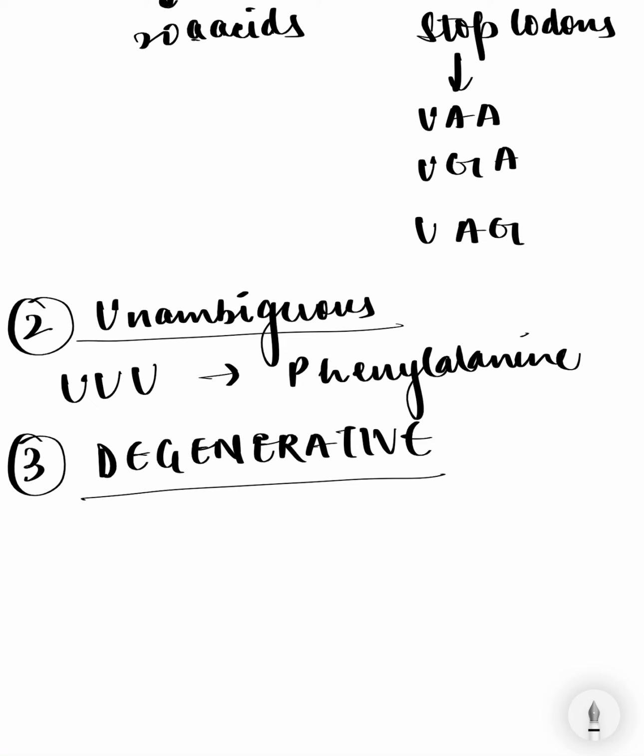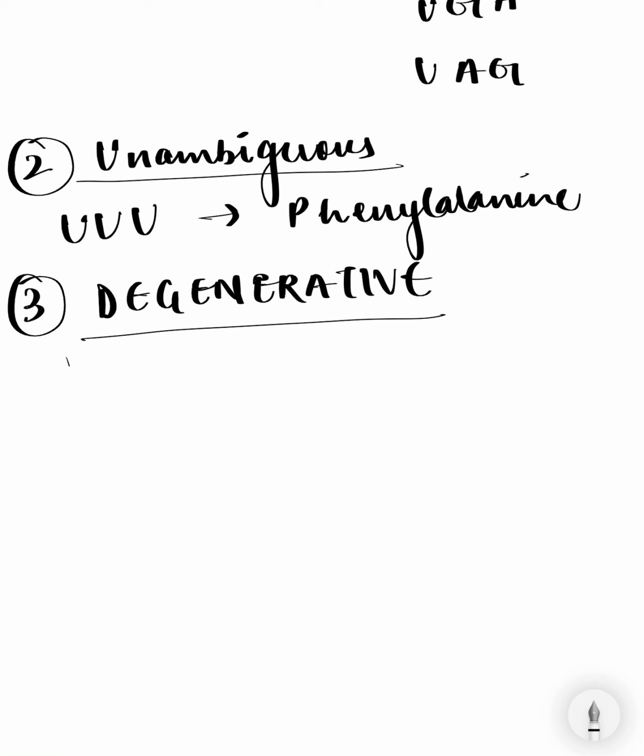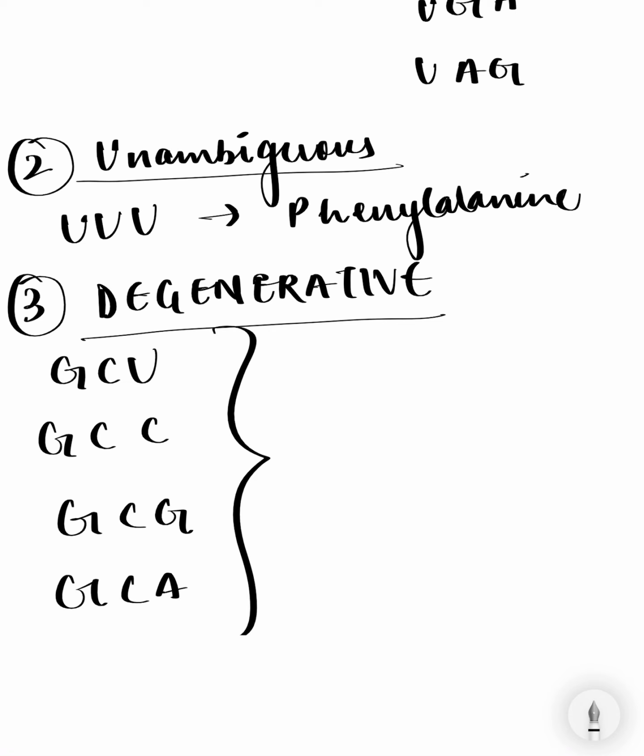For example, GCU, GCC, GCG and GCA. These 4 codons can code for only a single amino acid, which is alanine. These all code for alanine.